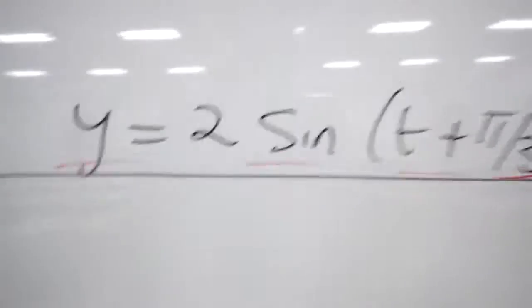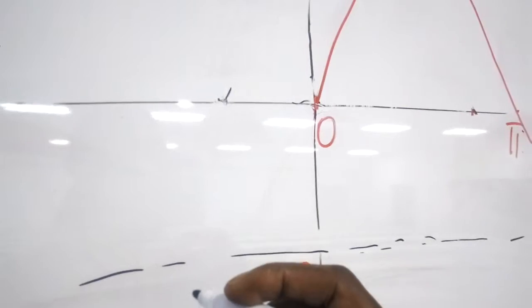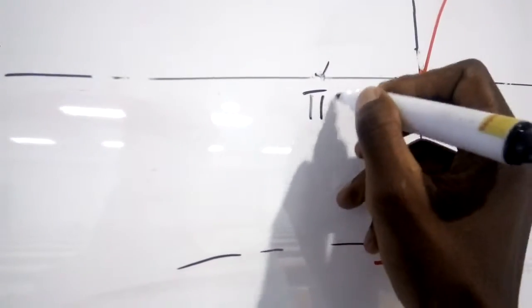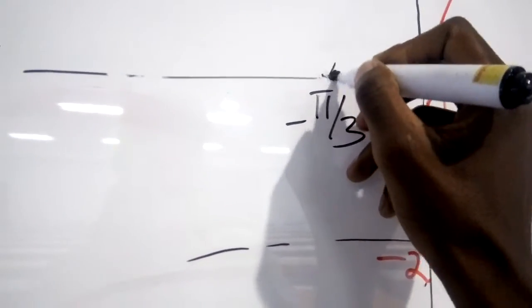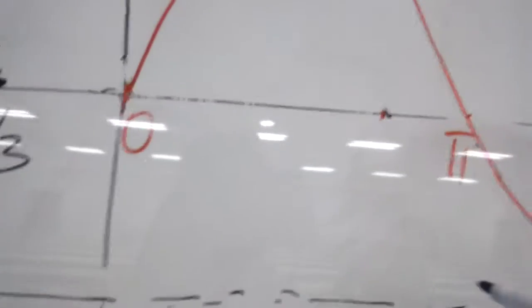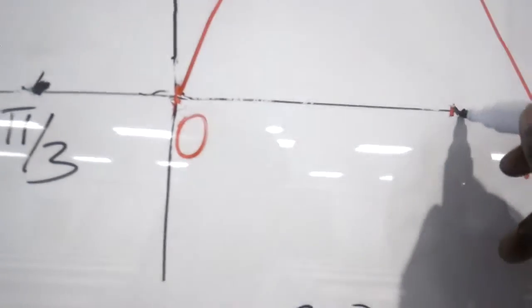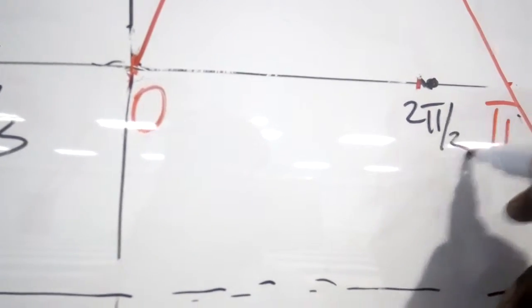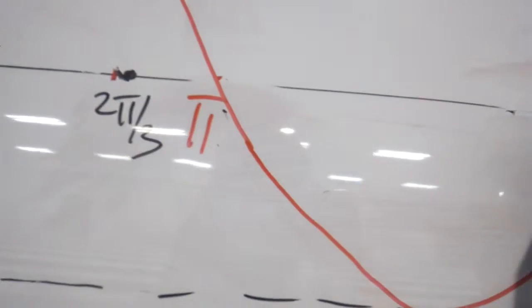Now I've got 3 values. So these values I put in this graph, which means this is minus pi over 3, this side, right? Then there is 2 over 3 of pi, which is there. Then I put another value there, which is the third value, 5 pi over 3.